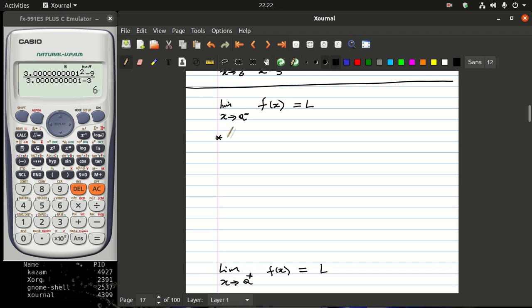We say that the left hand limit of f of x is L as x approaches a from the left.